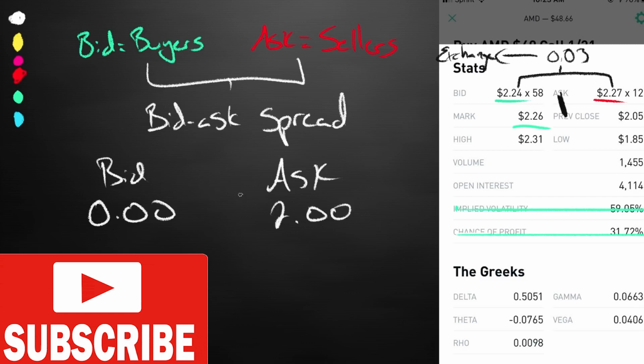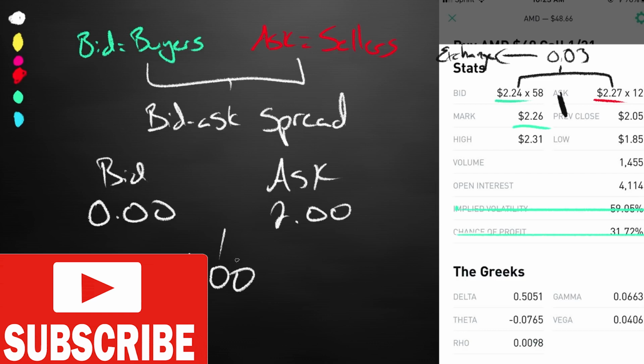Well, even though there's no buyers, Robinhood is going to show the price as $100. And so maybe at one point your option was showing the mark price at like 50 cents because the seller was selling at 100. But now a seller's selling at 200 and there's no one buying. It's going to show 100 in the middle. On the Robinhood platform, it's going to say you made $50.